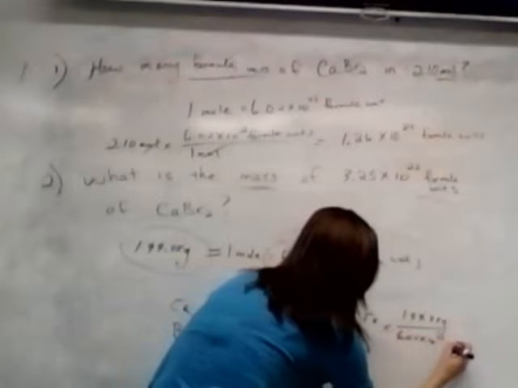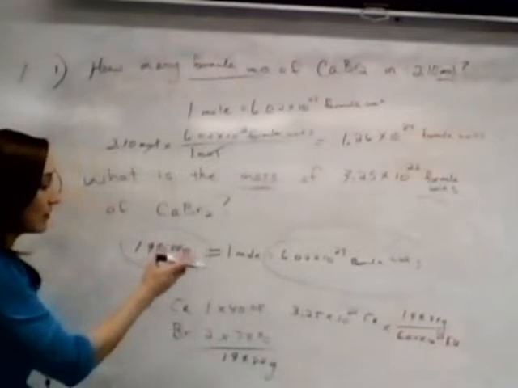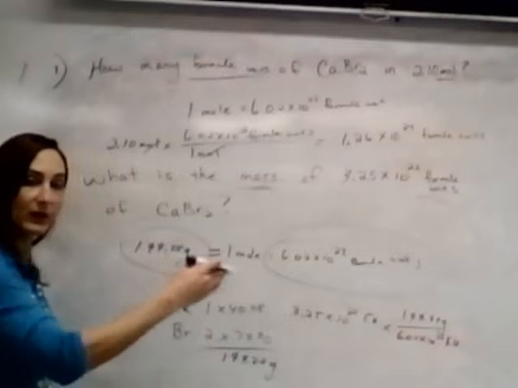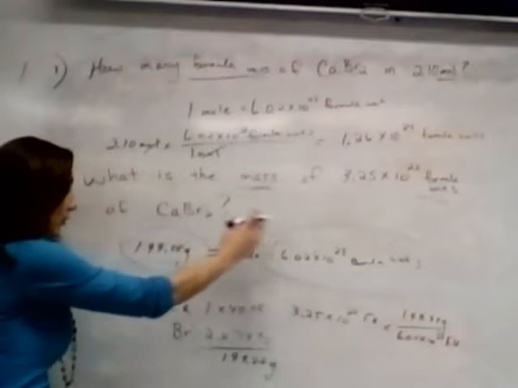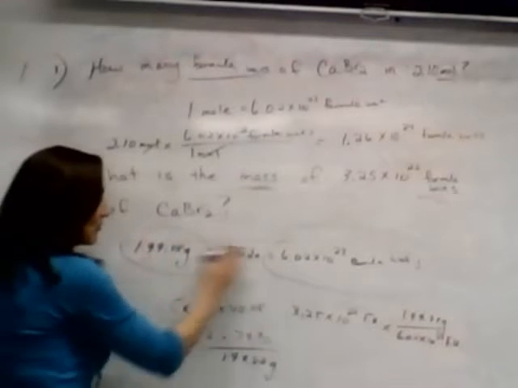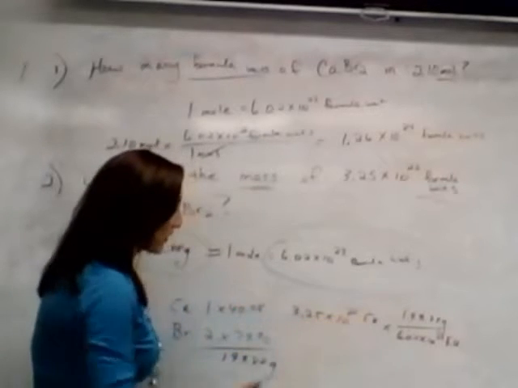The mole unit itself, I don't need to convert to. Again, you could break this up into two calculations, converting from formula units to moles and then moles to grams, but these two things are equivalent to each other, so I can just plug them straight in.